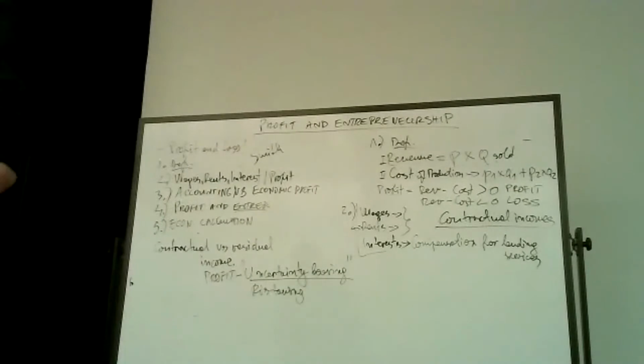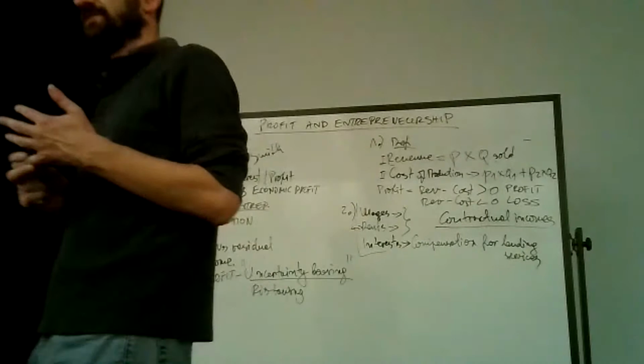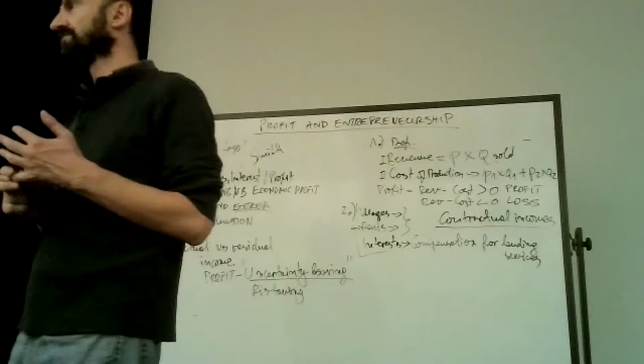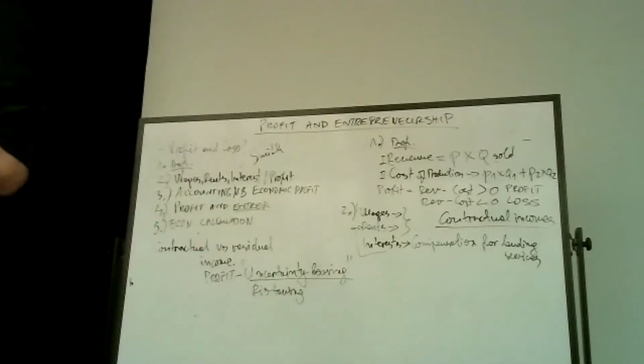Why nobody can predict whether a firm is going to fail or succeed, and put any probabilistic estimate on that. Because you cannot predict the future demand, and you cannot predict the future innovations that will influence the demand and supply.